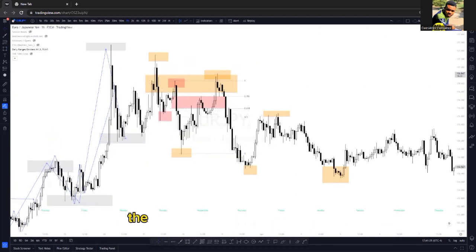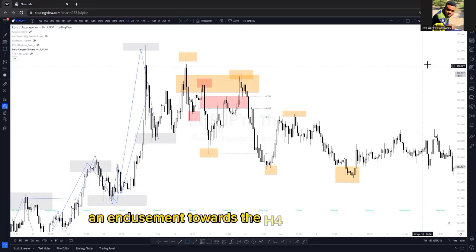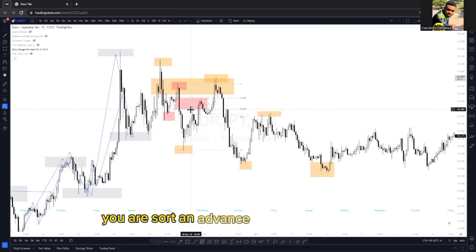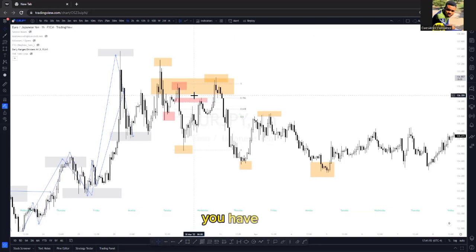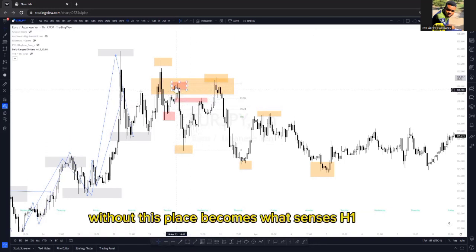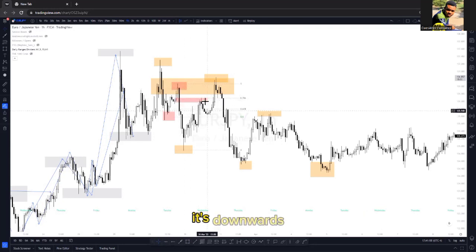So the H1 structure now becomes an inducement towards the H4 market structure. So as an advanced smart money trader, you have to know that since it's H1, it can do something, but not that much, right?